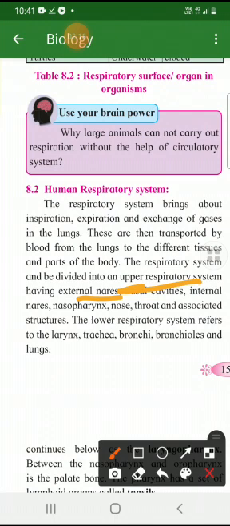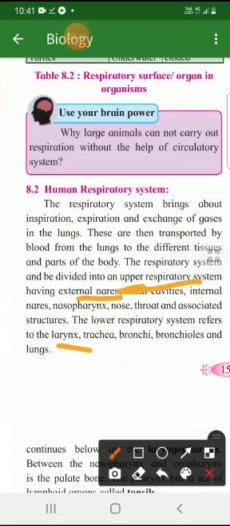You have oropharynx also quite near to it, nose, throat, and some of the structures related with it. Then the lower respiratory system starts from larynx, trachea, bronchi, bronchioles, and at the end, lungs. And inside the lungs, you have balloon-like structures called alveoli.